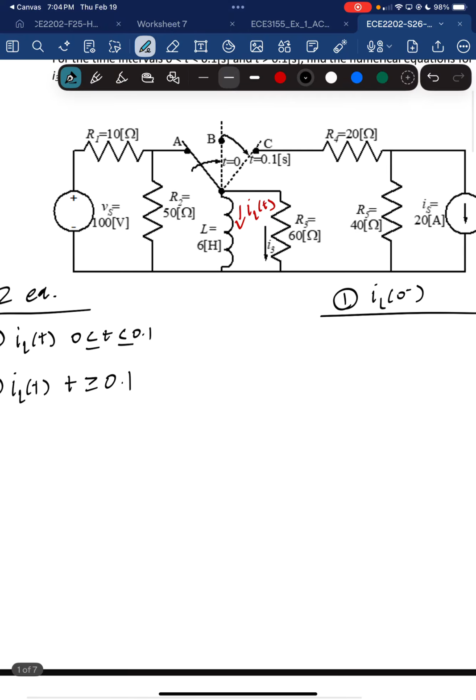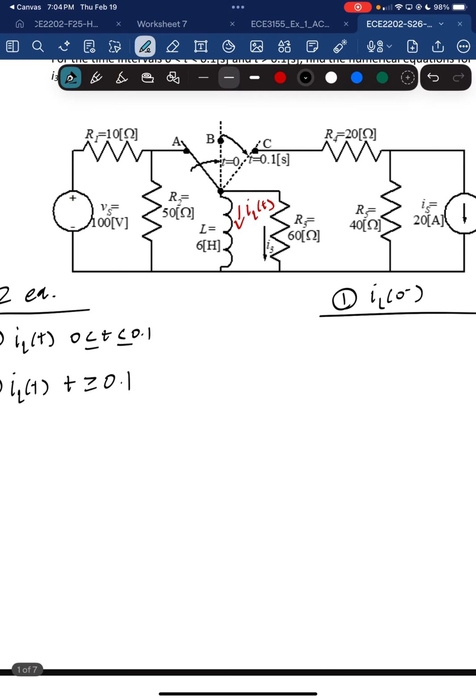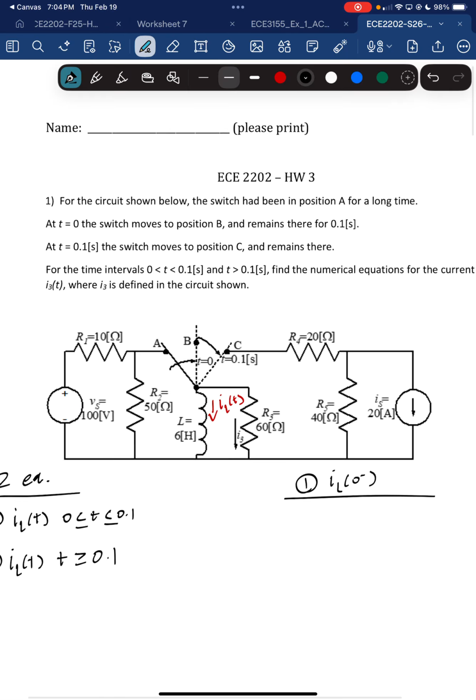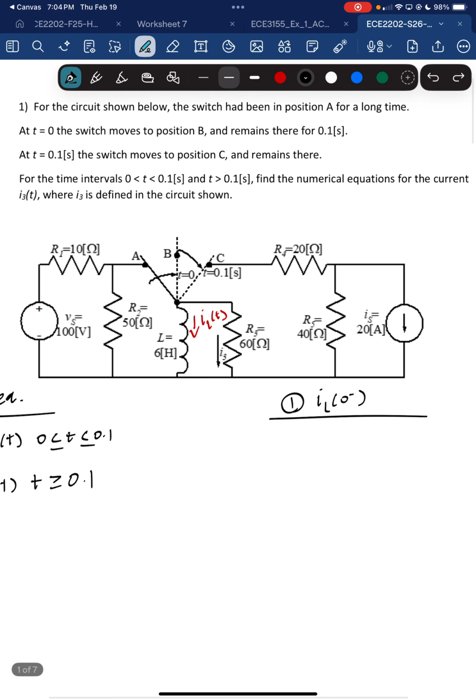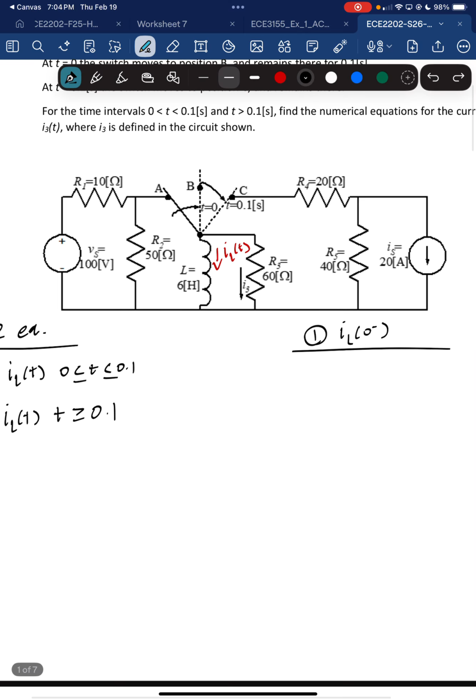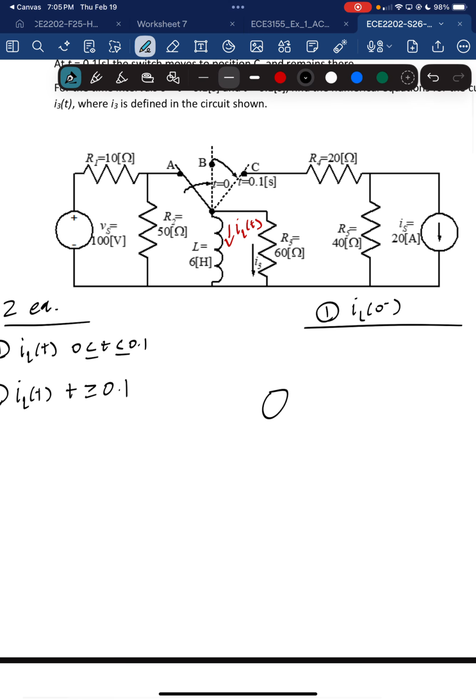So let's just draw the circuit with the switch in position A. Now, the problem tells us that the switch has been in position A for a long time, so we can write it to be in steady state, which means the inductor is going to become a short circuit. So I'm going to draw the circuit.